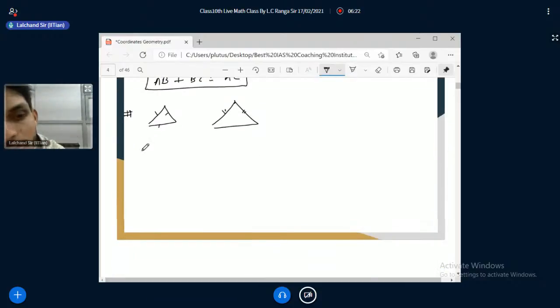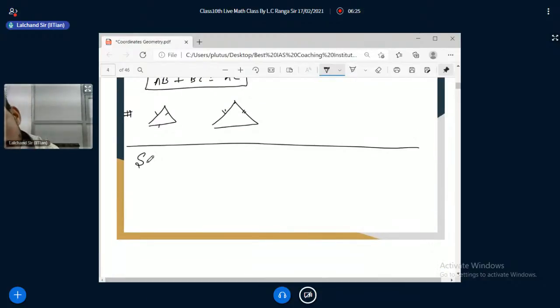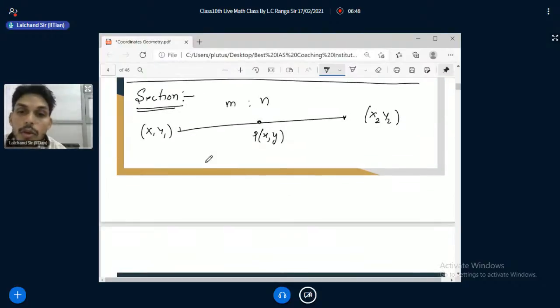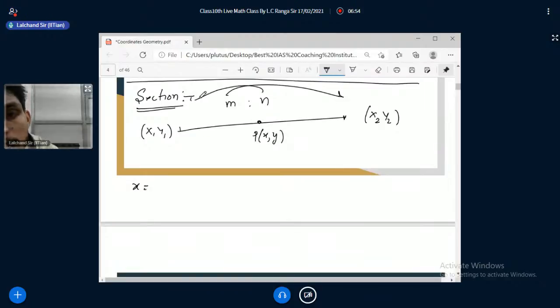Okay, so the next formula is our section formula. Let's suppose we have a point (x1, y1), and there is another point (x2, y2). If there is a point P, let's suppose (x, y), that divides this line segment in the ratio m to n, then the coordinate x can be written as m into x2 plus n into x1, divided by m plus n.